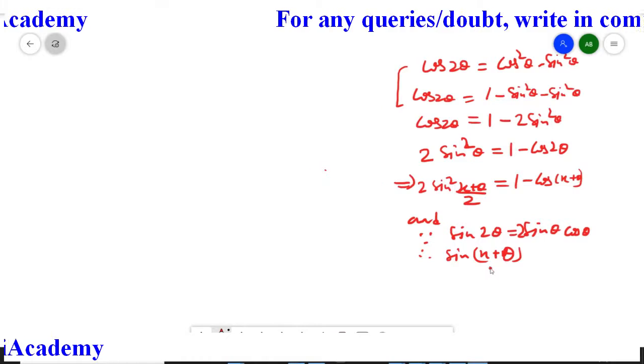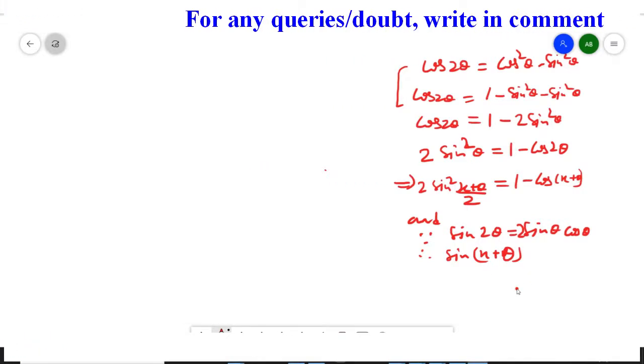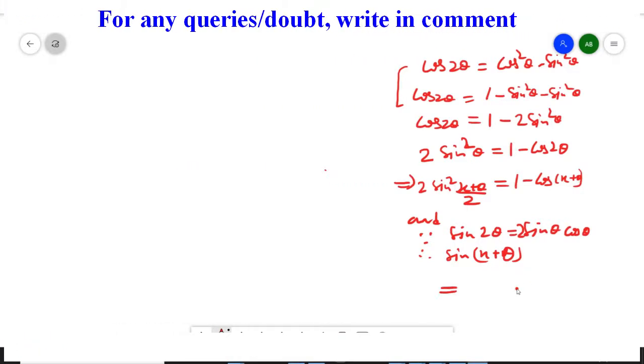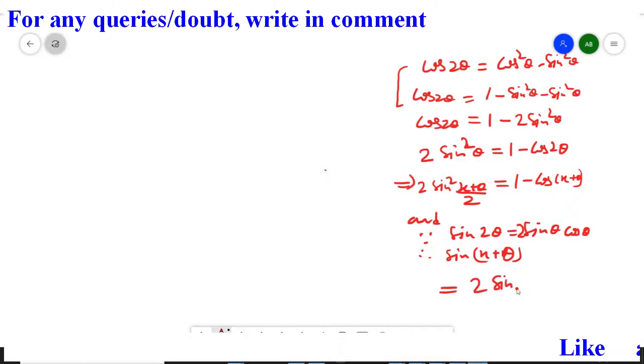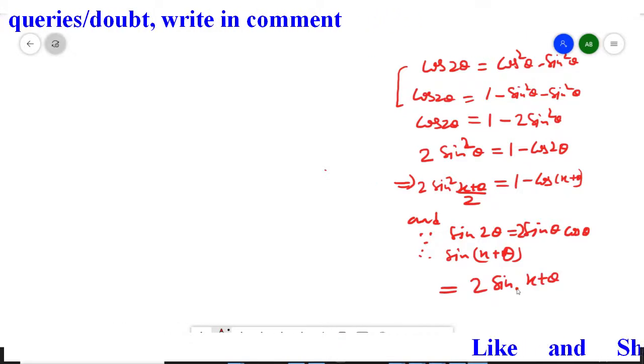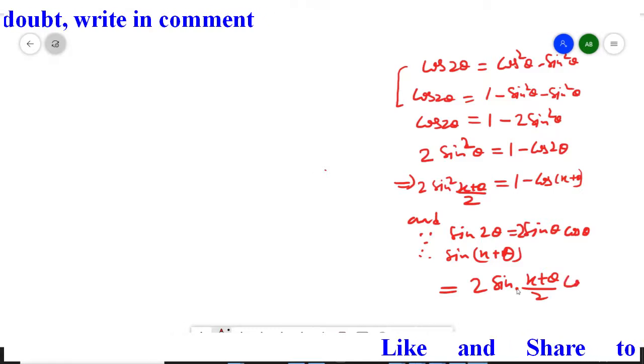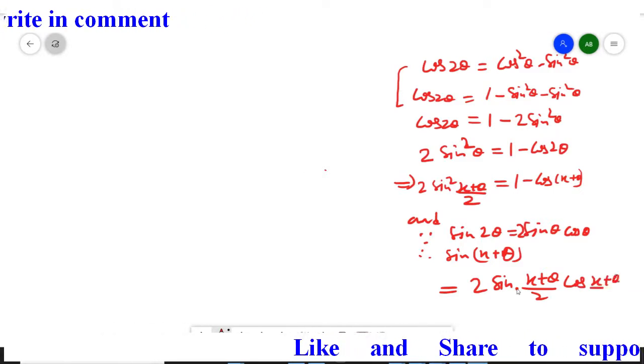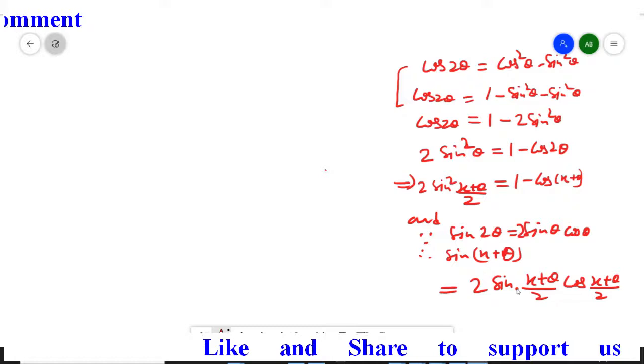So for sin(x + theta), the formula is going to be 2 sin((x + theta)/2) and cos((x + theta)/2). This formula we have to change.